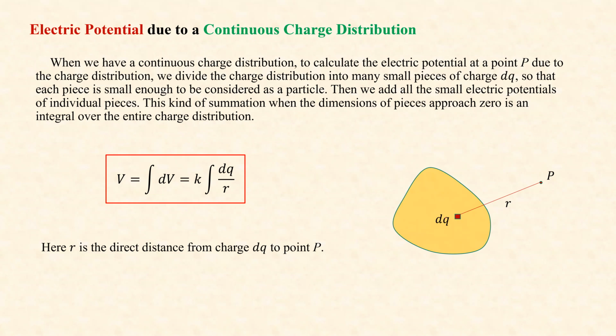Then the total potential is the integral of small dV created by this. This dq creates a dV here. dV is k times the charge dq divided by r. So if you put that for dV, k can come out, and it becomes k times the integral of dq over r. And r is the direct distance from dq to P.